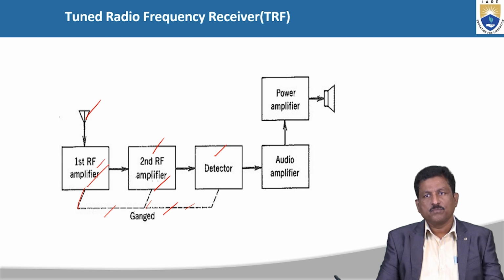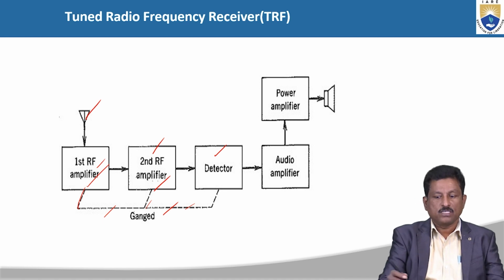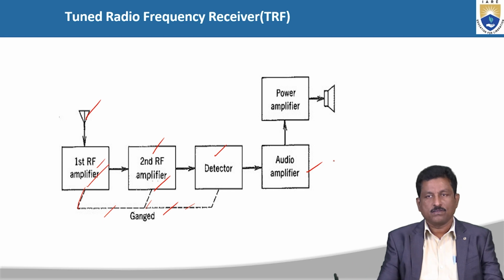So by the operation of the detector, we can eliminate the amplified carrier signal and obtain only the modulating signal, m(t). Once the modulating signal is detected, the original information can be given to the audio amplifier.